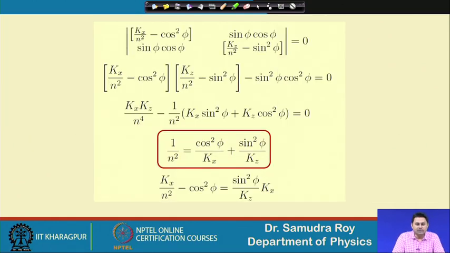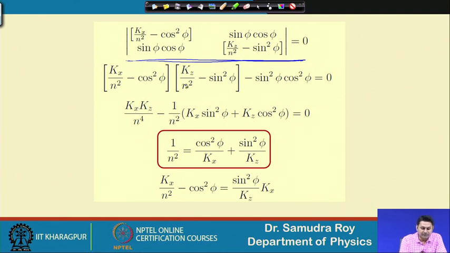So, let me explain that. This is my equation here, determinant equal to 0. If I now decompose this determinant, then this cross product and this cross product with a negative sign will be 0, that we know.